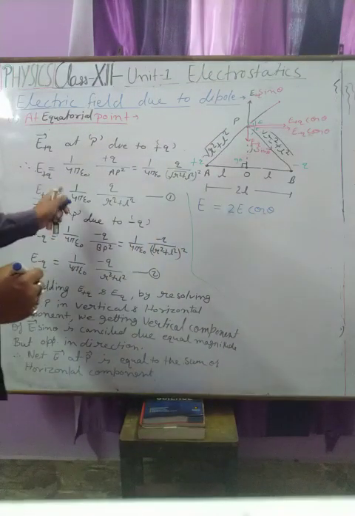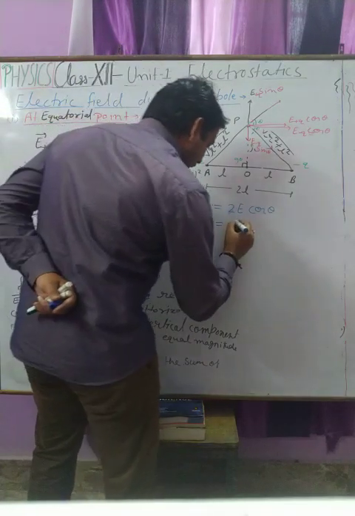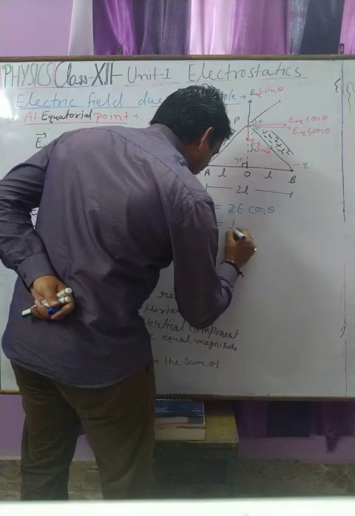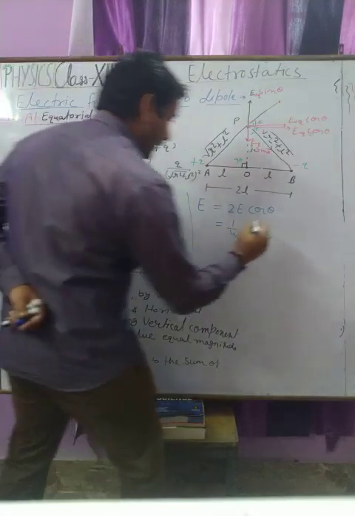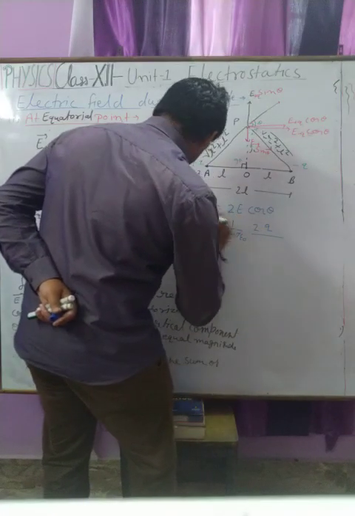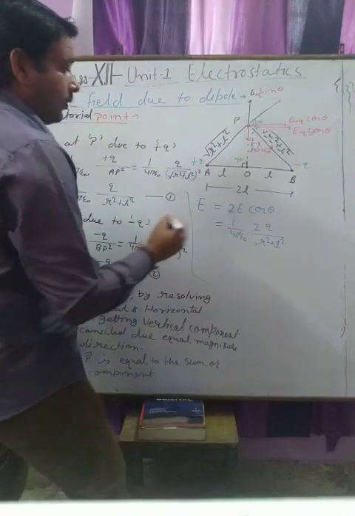Here E is using any of the value, equation first or second. So we are calculating 1 upon 4 pi epsilon naught, 2Q upon R square plus L square, cos theta.